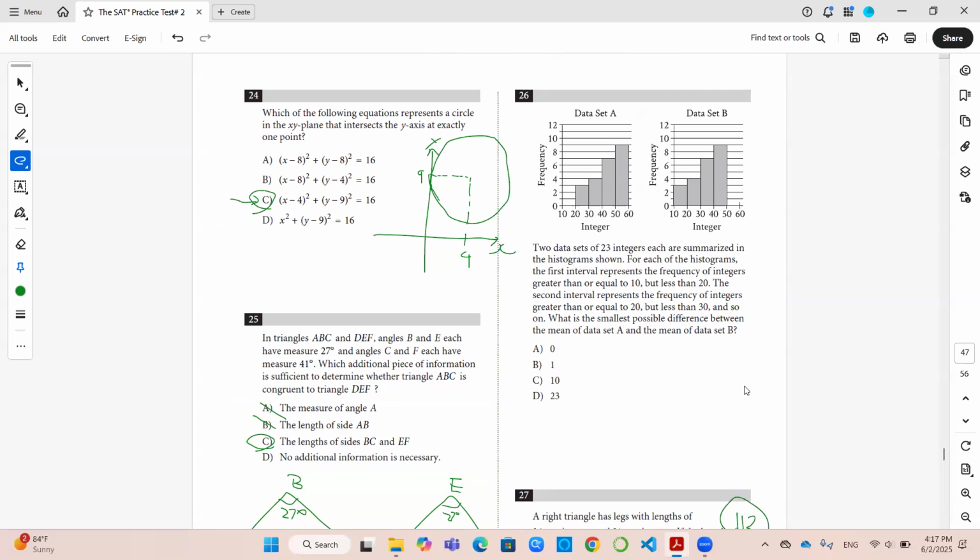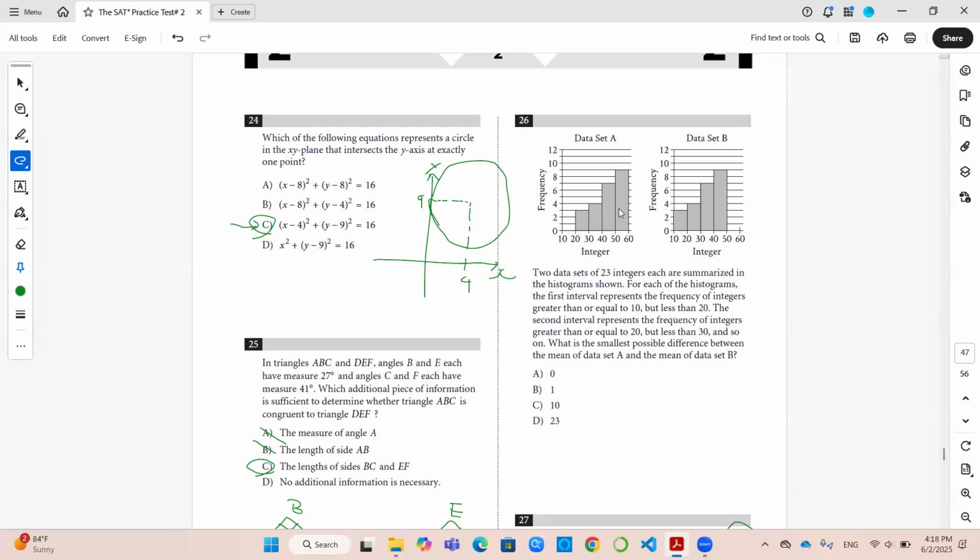What is the smallest possible difference between the mean of dataset A and the mean of dataset B? Well, since dataset A has somewhere between 50 to 60 and dataset B doesn't, I can determine that the mean of A is greater than the mean of B.